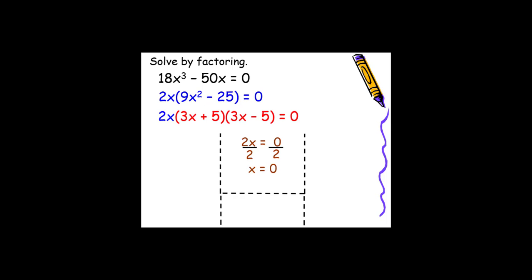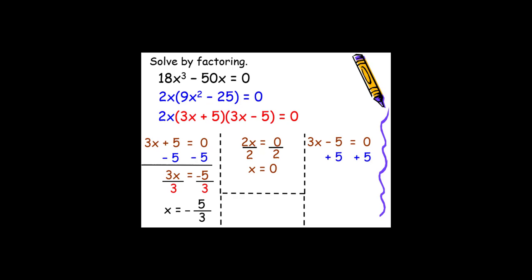We'll set the second factor equal to 0 and solve. We'll set the third factor equal to 0 and solve. Our answer is negative 5/3, 0, or 5/3.